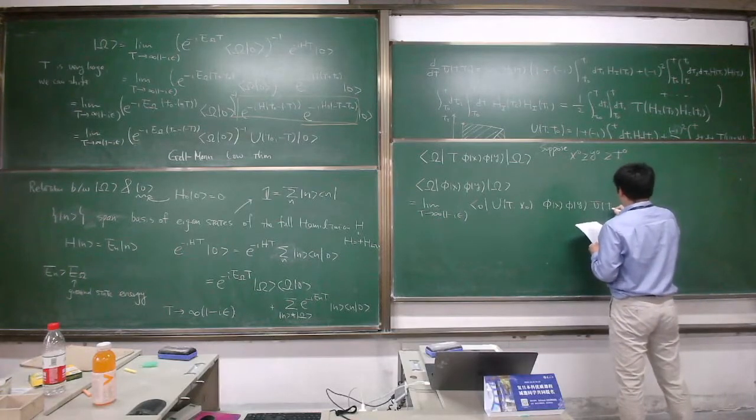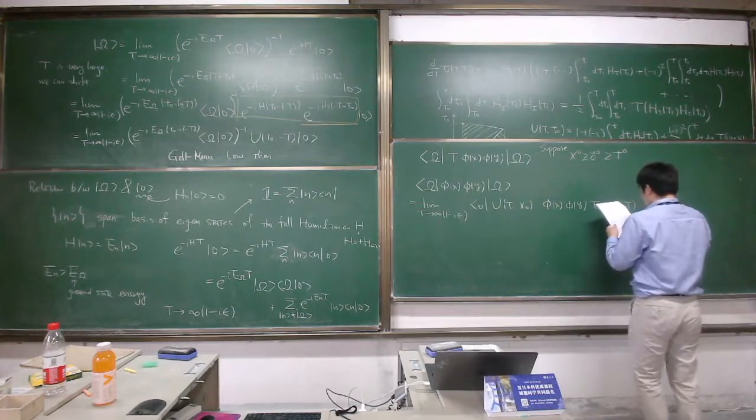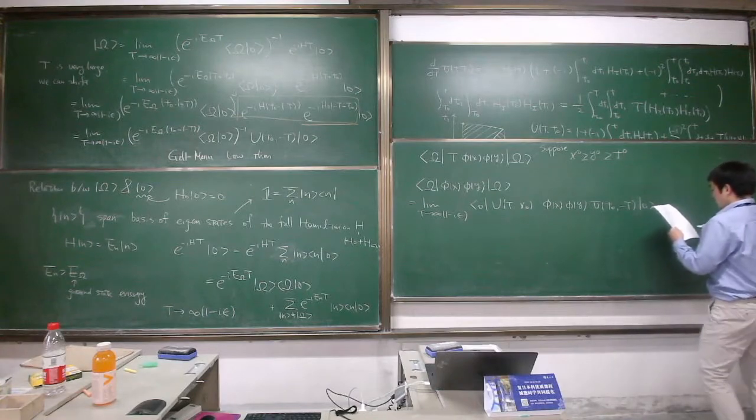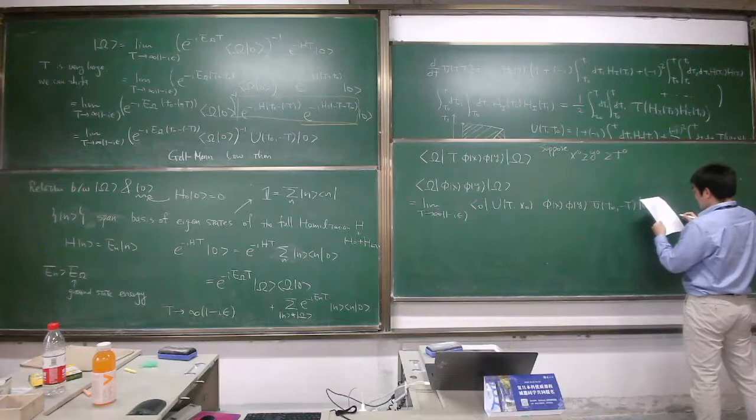U t naught minus t, and then 0, and some normalization. Normalization is a super boring one.